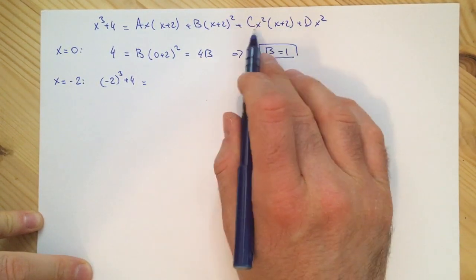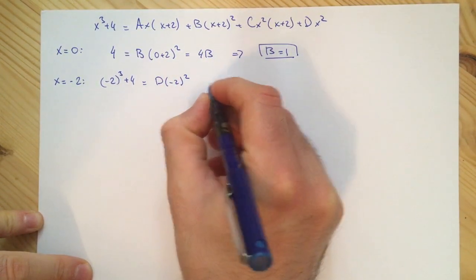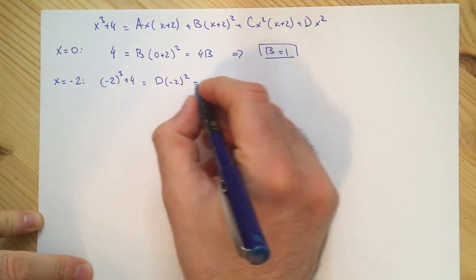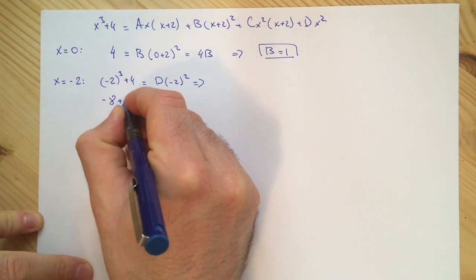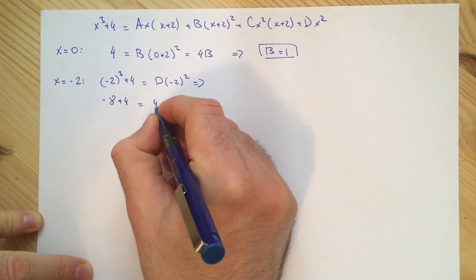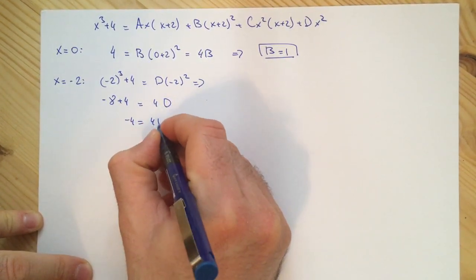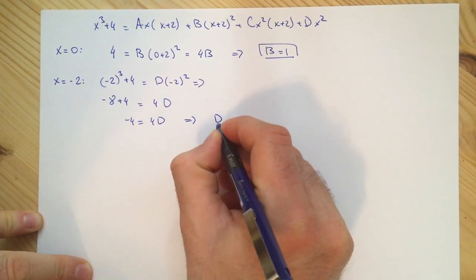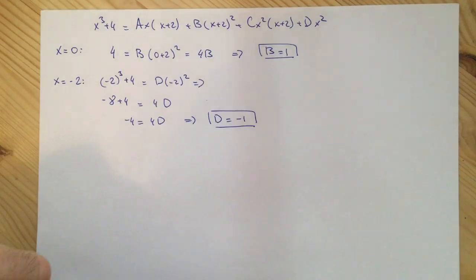Negative 2 plus 2 is 0. This term is gone. So I just have d times negative 2 squared. So what do we have here? Negative 8 plus 4 is equal to 4d. Or negative 4 is equal to 4d. So from here I have the value for d. Okay?